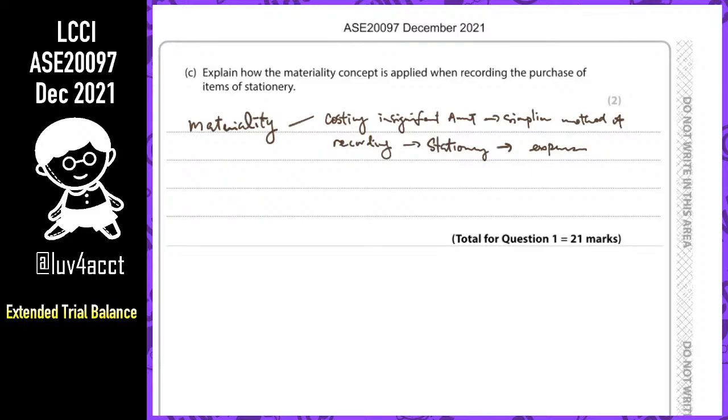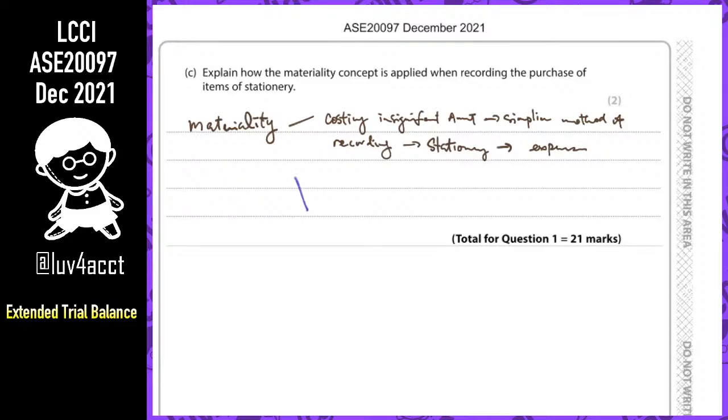You have 50 calculators in your office, and on average you use each for 5 years, and then you depreciate each calculator over 5 years. What's the use of it? It is not significant, not material after all. It is not affecting your decision. So this is one side of the materiality concept.